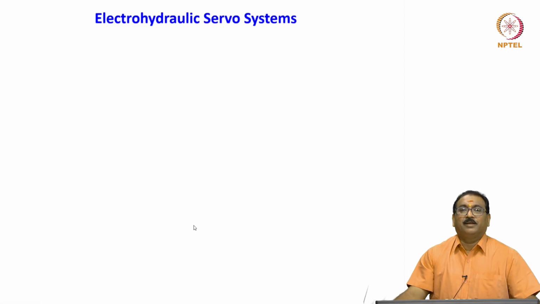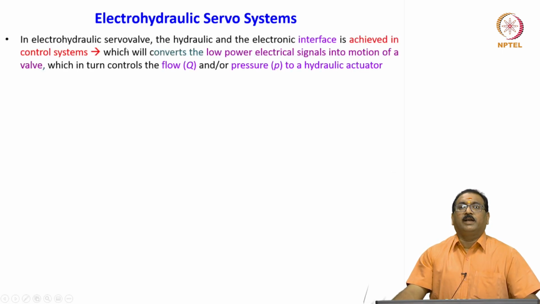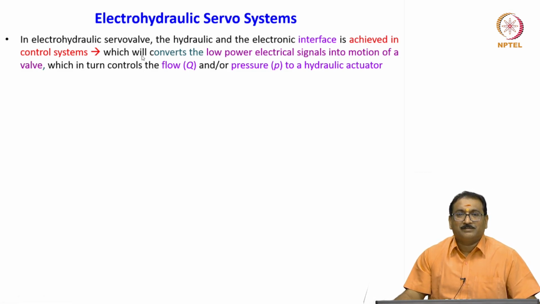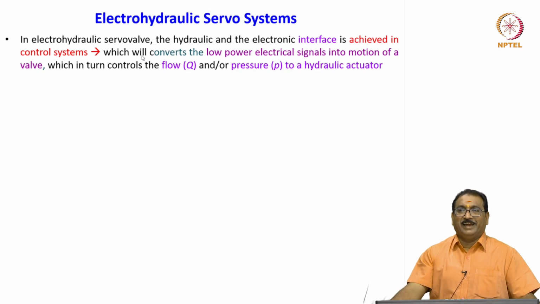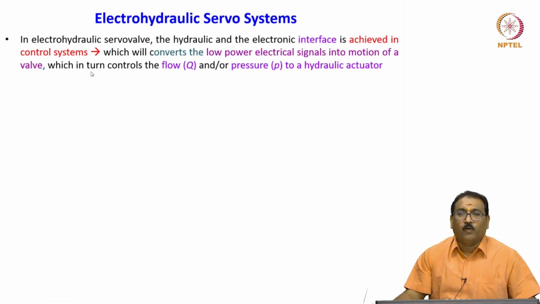After knowing the hydraulic servo actuator, quickly we will move on to the electro-hydraulic servo systems. In the electro-hydraulic servo valve, the hydraulic and electronic interface is achieved in control systems, which convert the low power electrical signal into motion of a valve, which in turn controls the flow and or pressure to the hydraulic actuator.